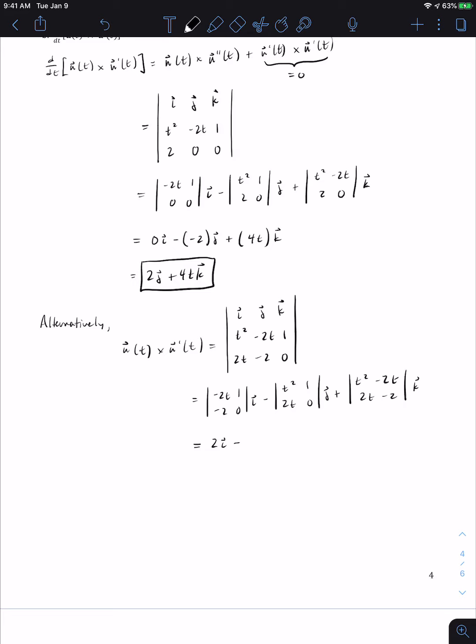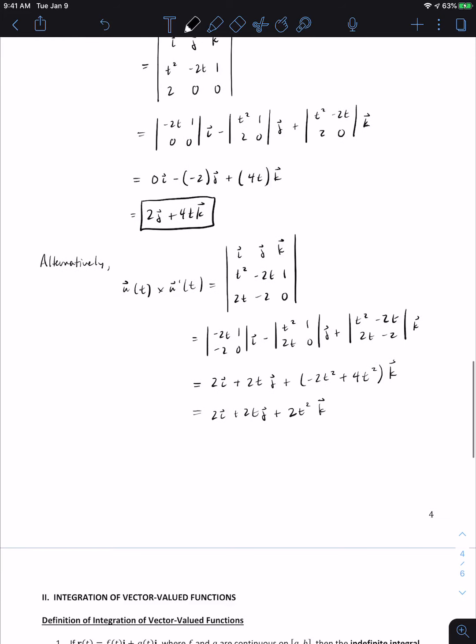Then for j, it's minus 2t, so two minuses give me positive 2t j. And then I get negative 2t squared minus negative, so plus 4t squared k. That gives me 2i plus 2tj plus 2t squared k.